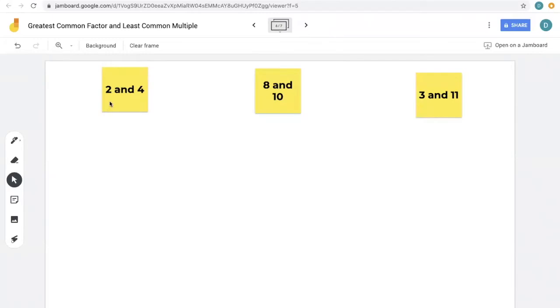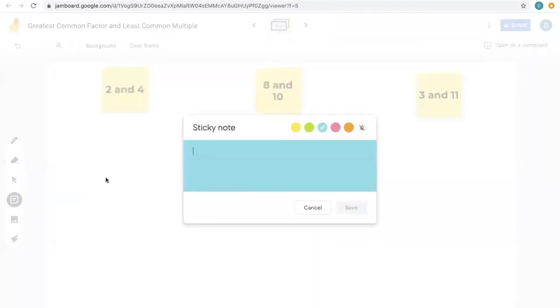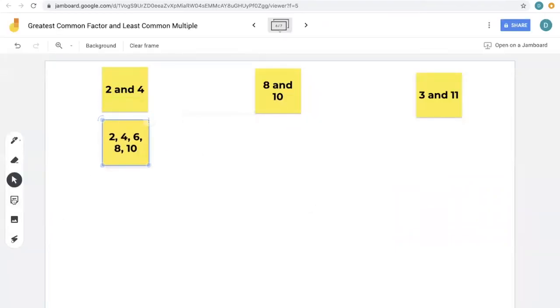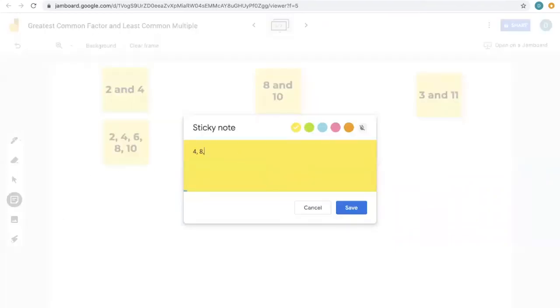Let's see, 2 and 4. So what I'm going to do is list the first 5 multiples of 2. So we have 2, 4, 6, 8, 10. Just like so. And then I'm going to do the same with 4. 4, 8, 12, 16, and 20.